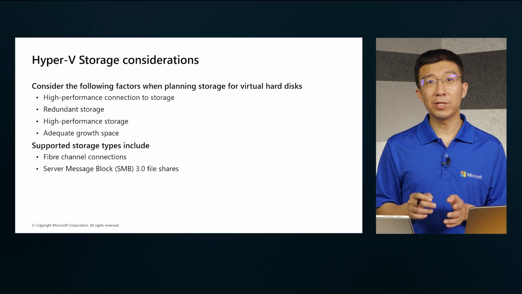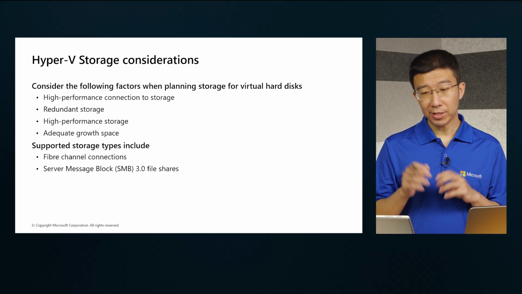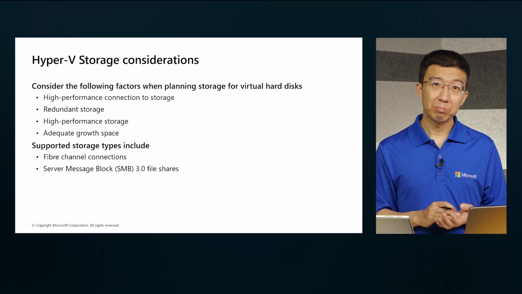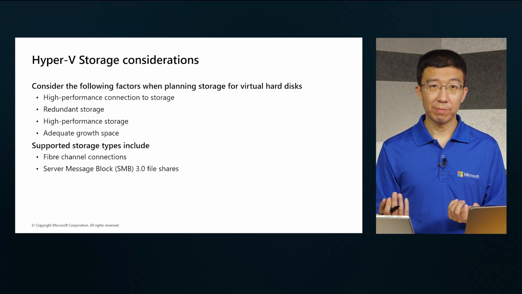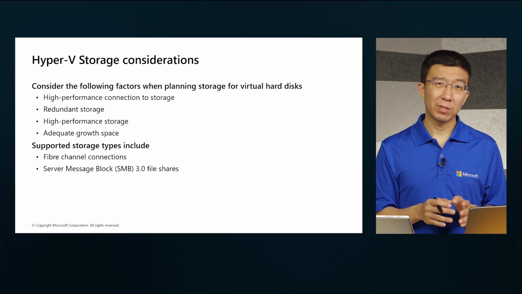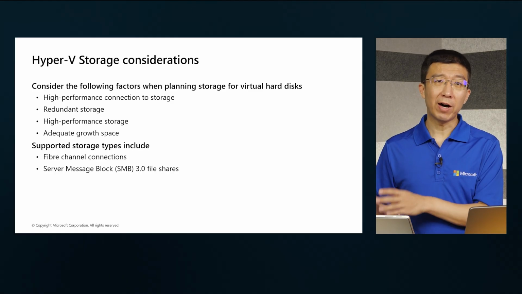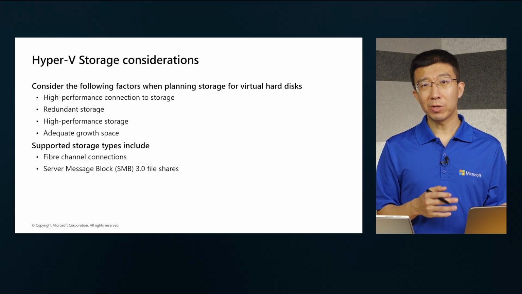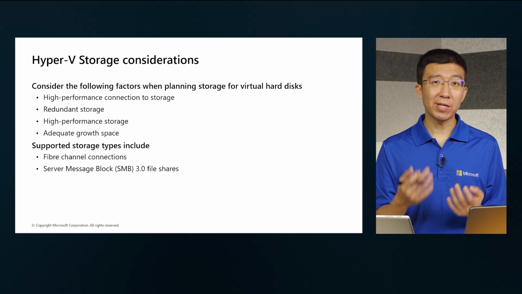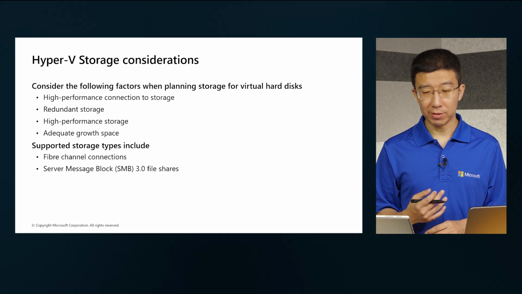When planning storage for your virtual machines, consider performance, redundancy, and growth. Think about where you'll store your VM files, local disks, SAN, or network shares, and choose the best option for your environment.